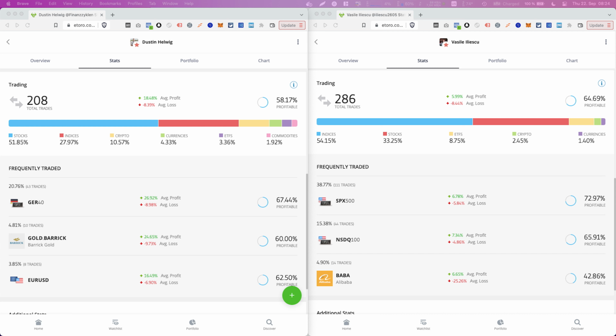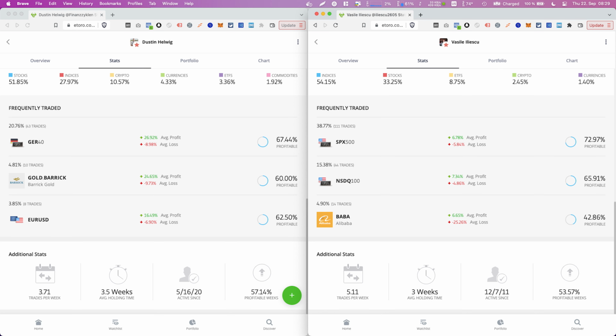So while it appeared as if the portfolio on the right has an overall better trading strategy, we can clearly see that the risk-reward ratio of Finanzzyklen's trades is much better compared to the ones made by the portfolio on the right.